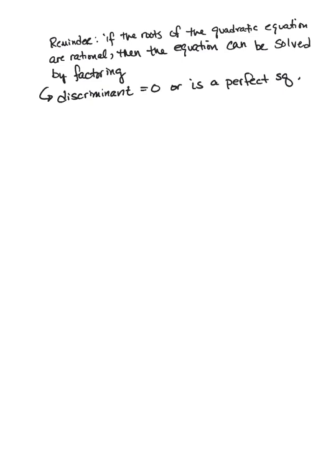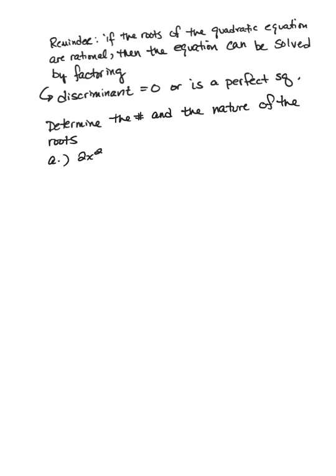So let's take a look at some examples. The directions here are: determine the number and nature of the roots. Question A: 2x squared plus 13x plus 18 equals 0. So I'm going to do the discriminant. Keep in mind A is 2, B is 13, C is 18.